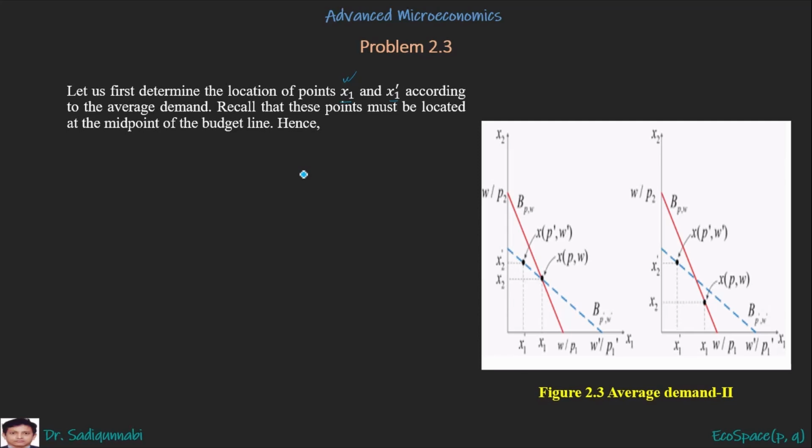That means x1 equals half W divided by P1, and x1 prime equals half W prime divided by P1 prime. So both should be the half point on the budget line. If we simplify this, 2x1 equals W divided by P1, and 2x1 prime equals W prime upon P1 prime.